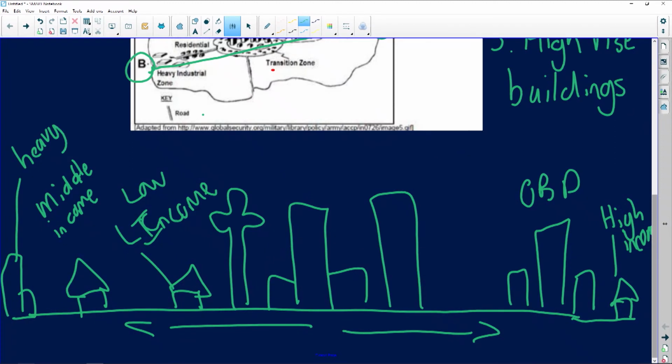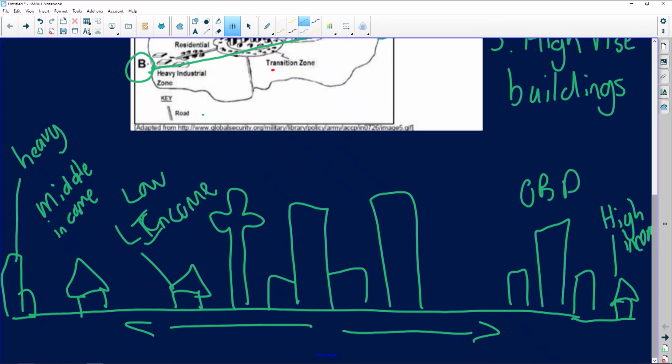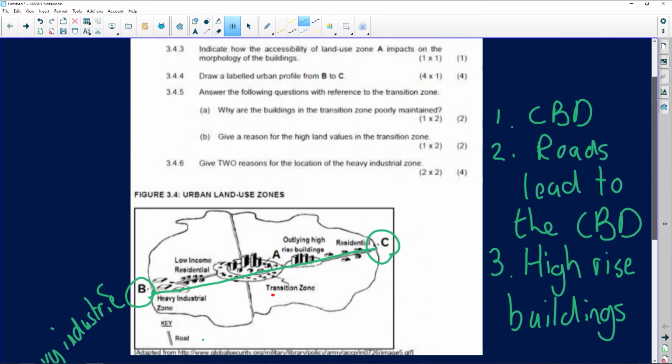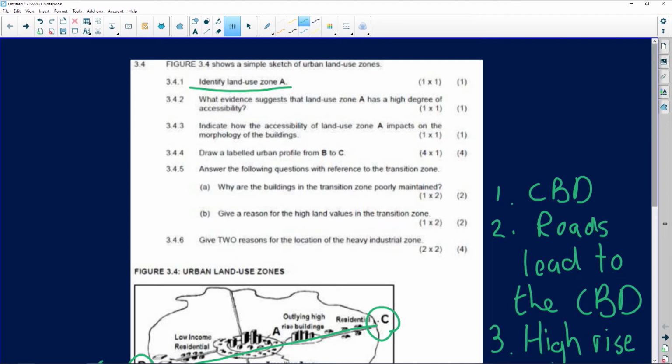As we move from urban areas to the rural areas, we usually find our heavy industries on the outskirts. Why? Because of the amount of pollution that's being created, noise and air pollution, as well as being able to access the transport routes much better. Okay, so that's our urban profile. It's basically a cross-section of our urban area, a side view of our urban area.